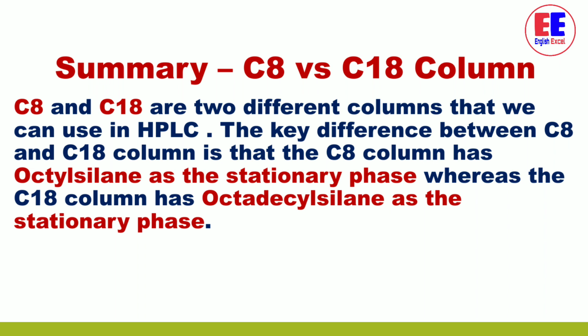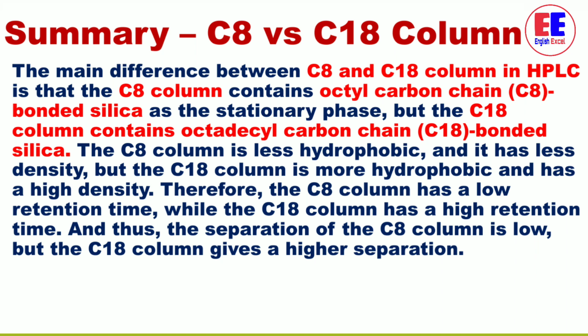Finally, summary of C8 and C18 column. C8 and C18 are two different columns that we can use in HPLC. The key difference between C8 and C18 column is that the C8 column has octyl silane as the stationary phase, whereas the C18 column has octadecyl silane as the stationary phase. The main difference between C8 and C18 column in HPLC is that the C8 column contains octyl carbon chain C8 bonded silica as the stationary phase, but the C18 column contains octadecyl carbon chain C18 bonded silica.